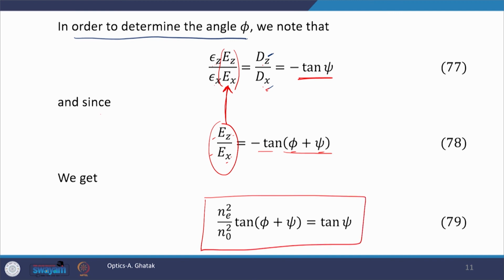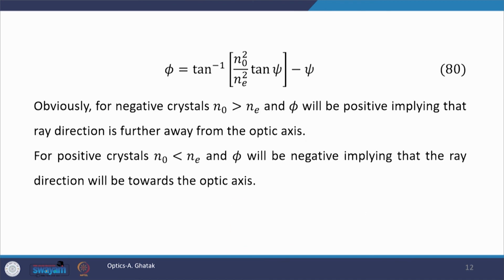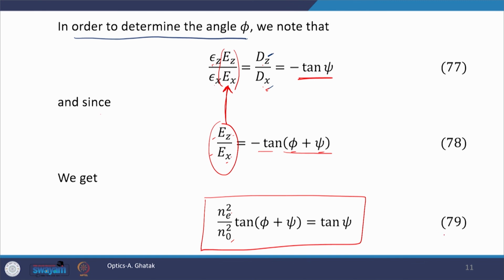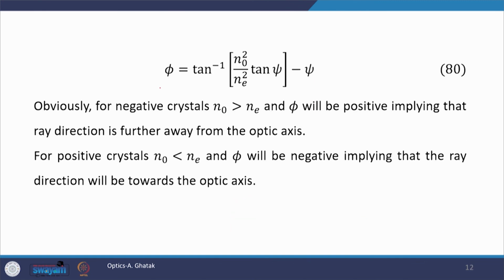where ne squared comes in the expression of epsilon z, and no squared comes in the expression of epsilon x. Now, from equation number 79, if you simplify it, you will get the expression of phi. So, now for a negative crystal, we know that no is larger than ne.